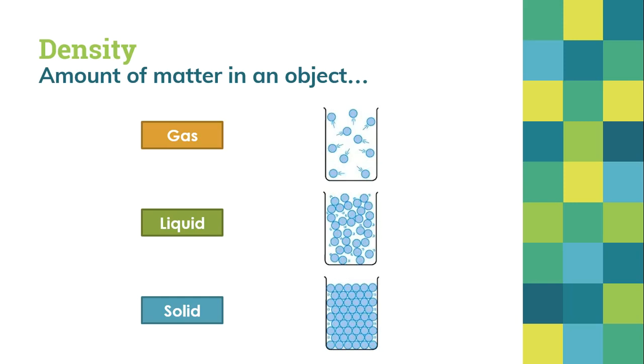Now, when particles in a material are closer together, as in the case of solids, heat can move more quickly through them. Why is that? In our last experiment, our inquiry activity, we took a look at a metal pan, and we noticed that its particles were pretty close together, allowing the heat to be transferred from the bottom layer to the upper one and so on until the whole material was heated.